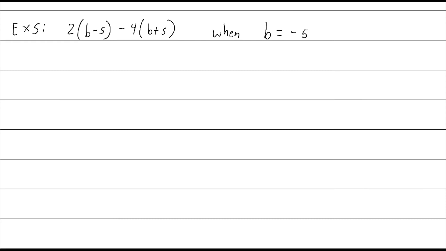Example 5. We have 2 times b minus 5 minus 4 times b plus 5, and we want to evaluate this expression when b is negative 5. All right, so we're just going to plug in negative 5 for b.